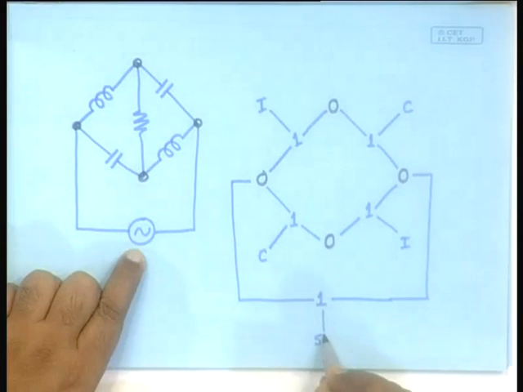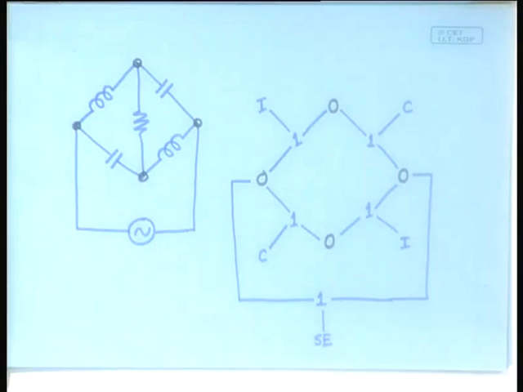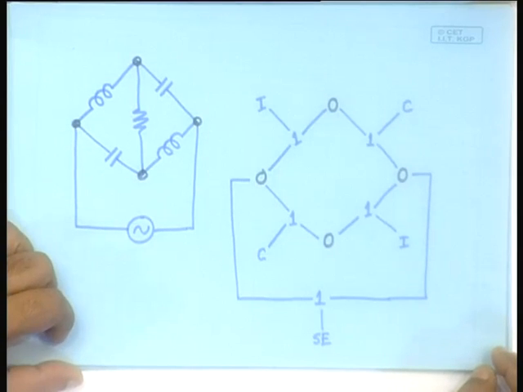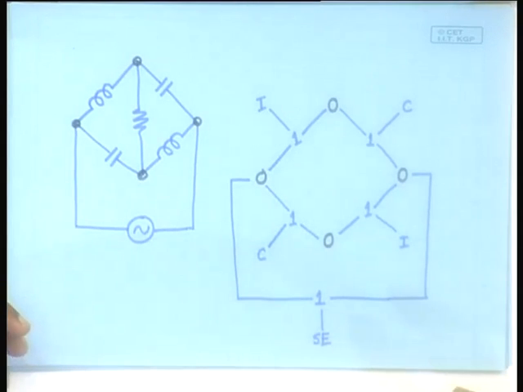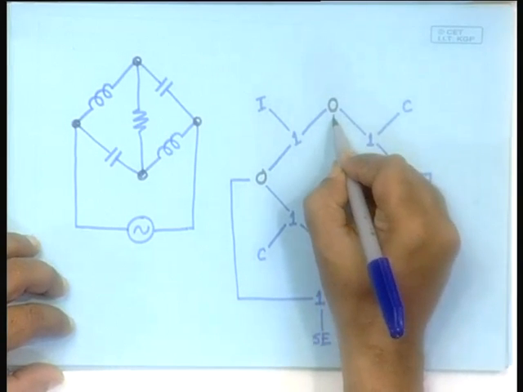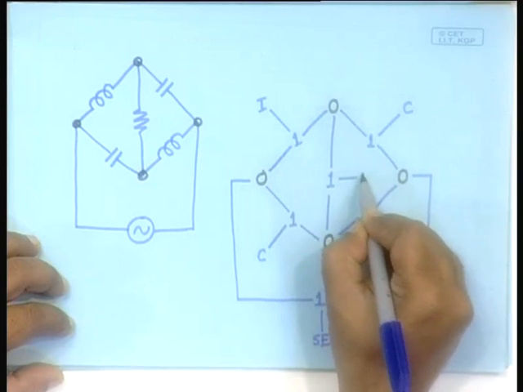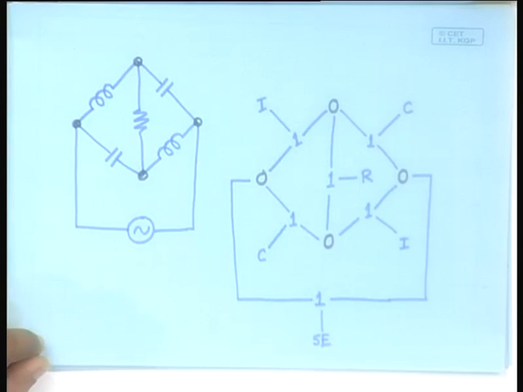A SE. So, that is the representation of the circuit now. But then, what have I missed? Oh, there is a resistor, yes. So, here it is a one junction and connected a resistor. So, that is the complete circuit.